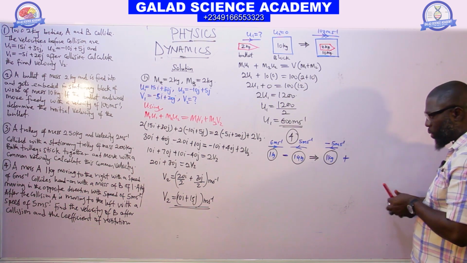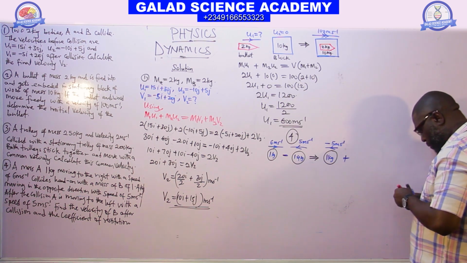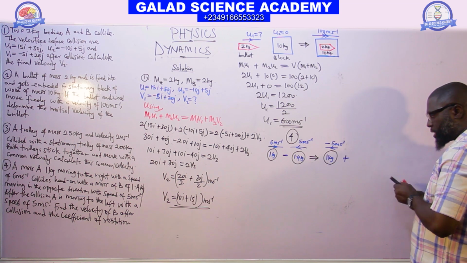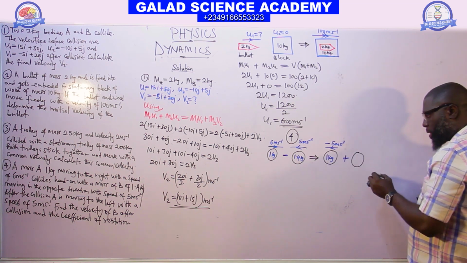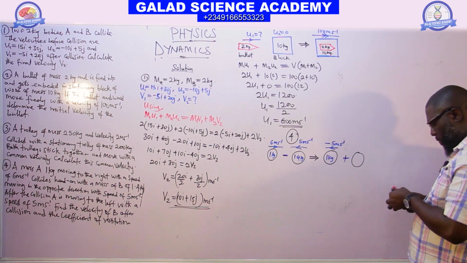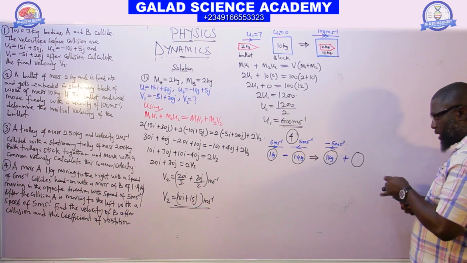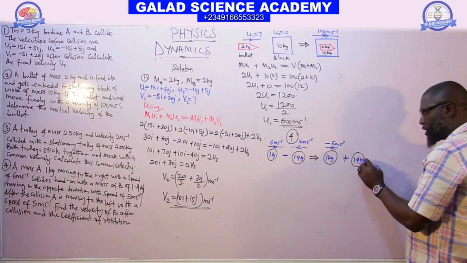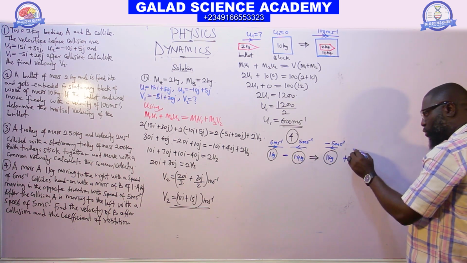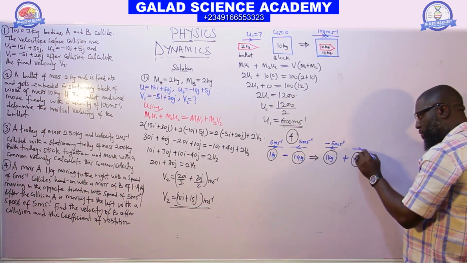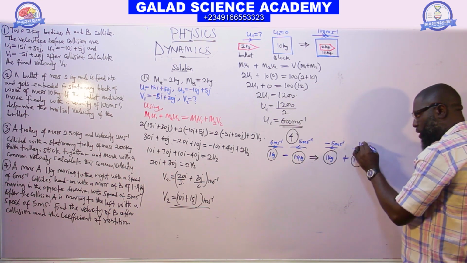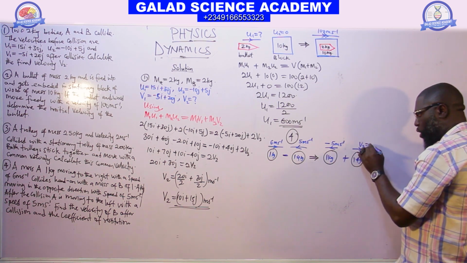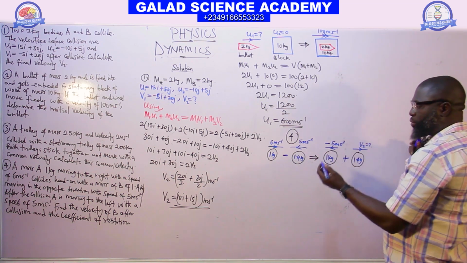Velocity for the second one, which is the body, is this, and it's 1.4 kg. You are now asked to find the velocity of this body, V2, unknown.